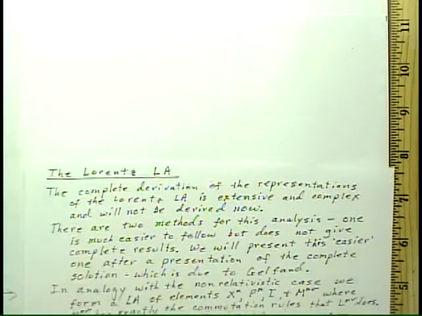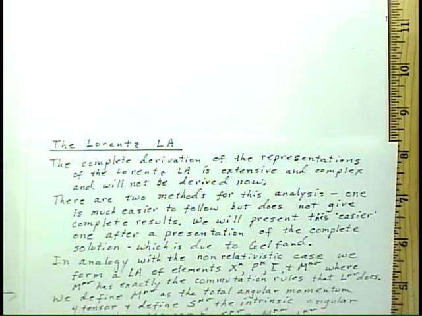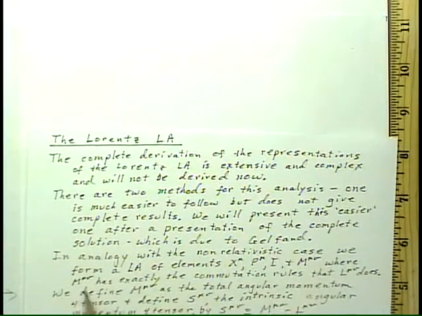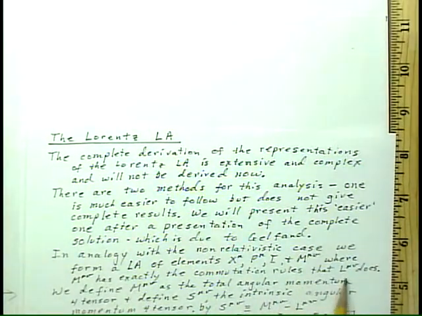In analogy with the non-relativistic case, we now form a Lie algebra with the elements x mu, p mu, I, and an object M mu nu, where M mu nu has exactly the commutation rules with itself and with the x, p and I that the L mu nu does.